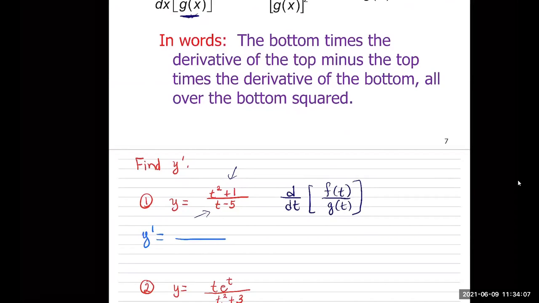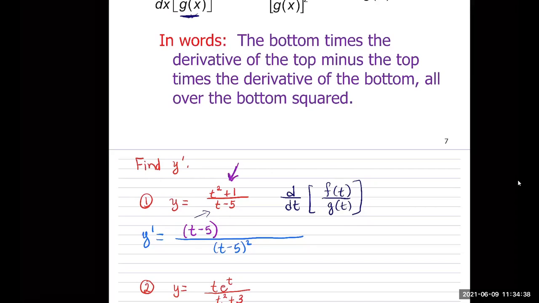So I know that it's all over the bottom squared. I usually write that down first so I don't get distracted and forget that I have a denominator. That happens to people on the test sometimes, so I just write it down so I don't forget it. But for the top, you are always going to say the bottom function, that's t minus 5, times the derivative of the top.